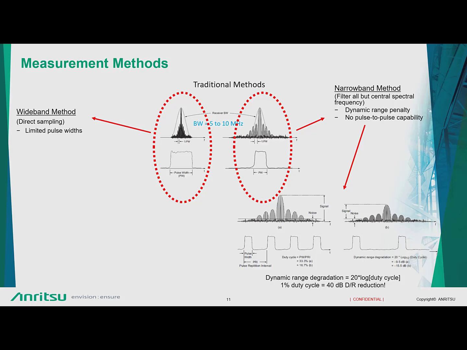The reason I'm explaining all these things to you is that in today's world, the pulses are going narrower and narrower. People want to use radars not only for defense applications but, as I told you, medical applications and close range communication. 5G is a classical example, basically beamforming.